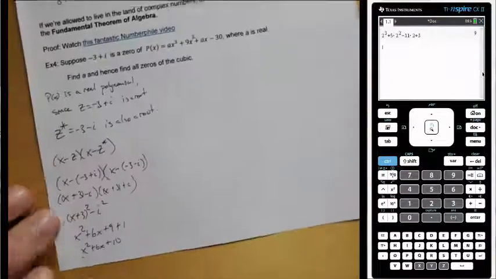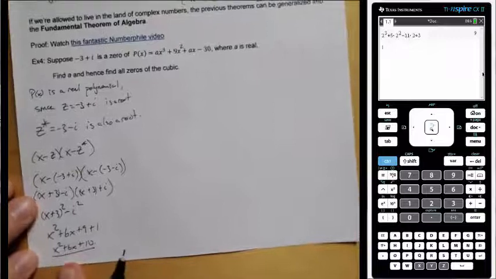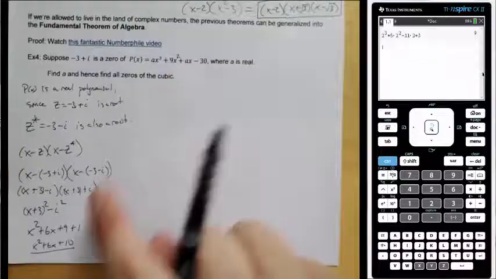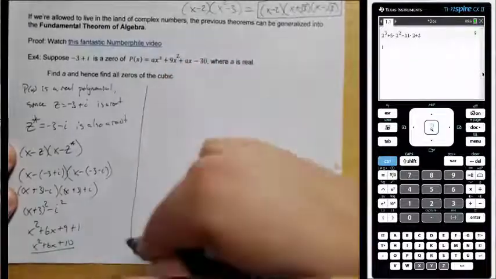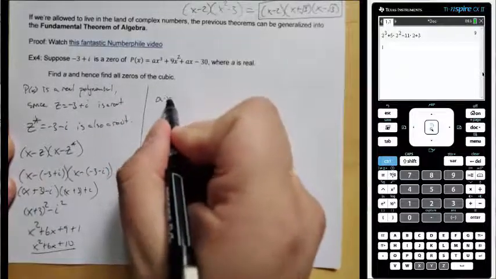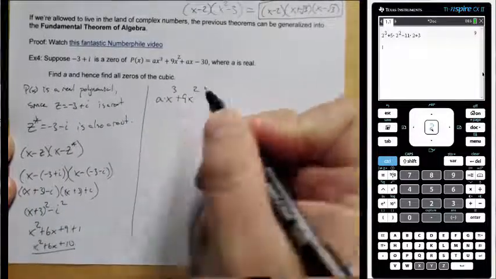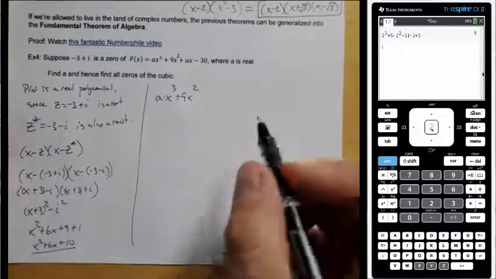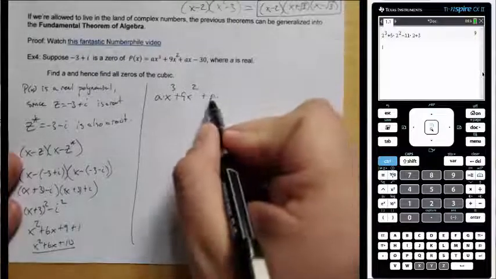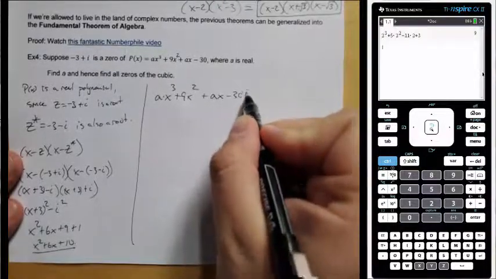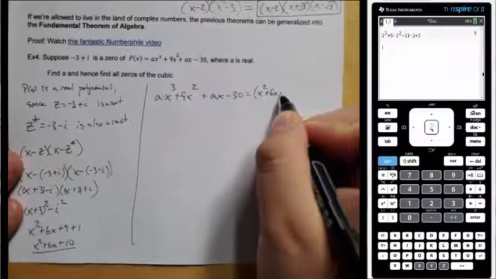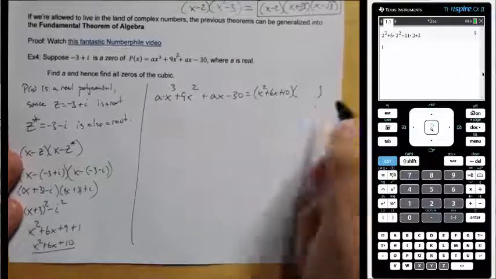What this tells me is that this quadratic is a factor of my original polynomial. That means that this polynomial, a times x cubed plus 9x squared plus ax minus 30, is equal to x squared plus 6x plus 10 times some linear factor.